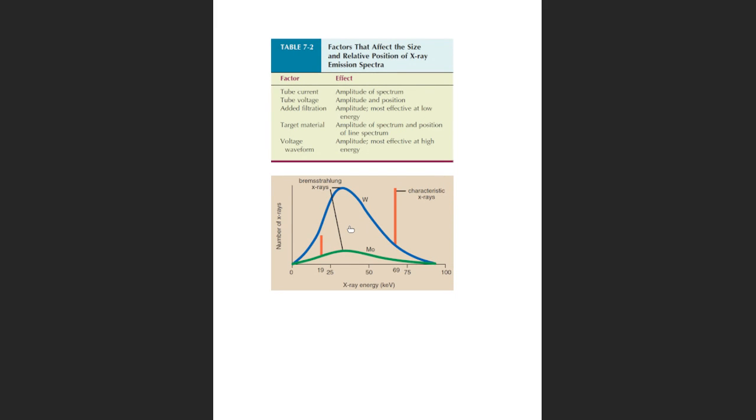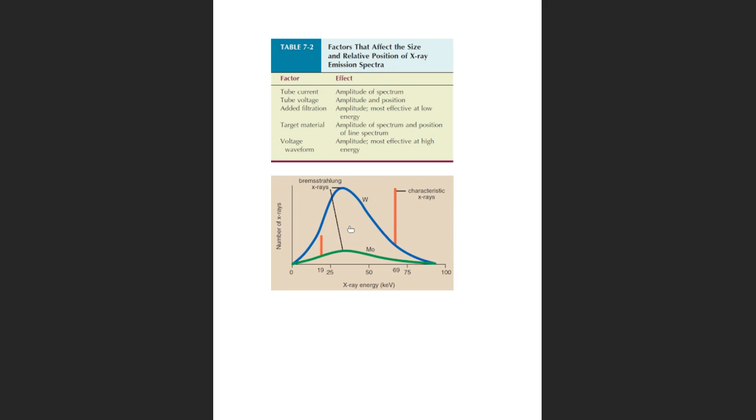Okay, and when we're talking about quantity, since we know that BREMS X-rays are not energy dependent, as our mA value goes up or our overall mAs value goes up, so will the number of BREMS, pretty much directly. So the more X-rays I produce, the more of them that are BREMS X-rays.